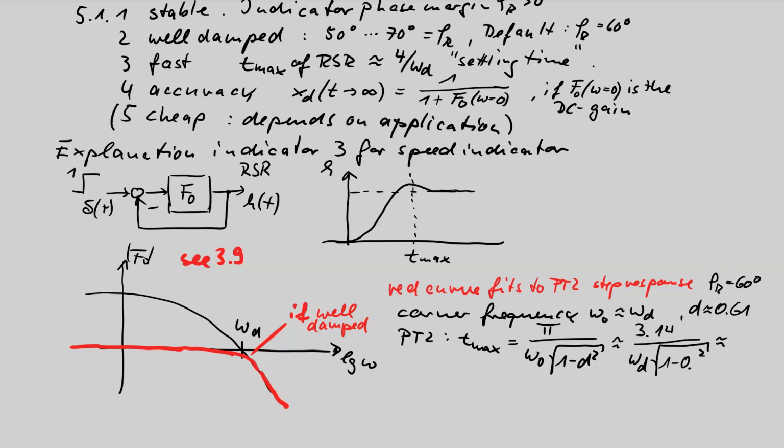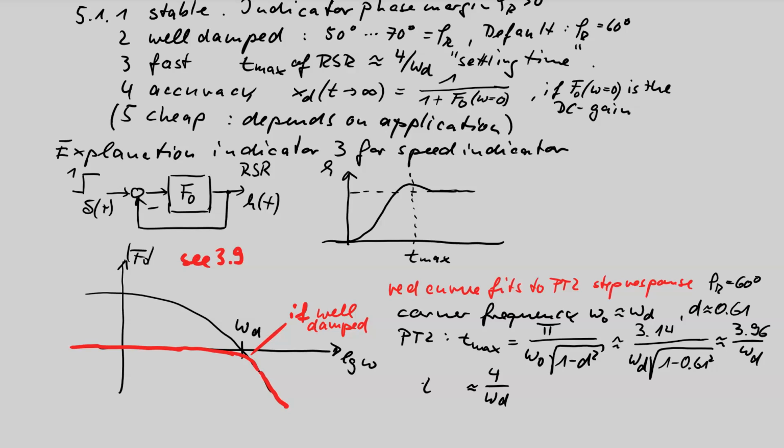And if we add this into my square root function, 0.61 squared, then we get 3.96 divided by omega d. And of course, because this is just our rounding, we can say this is 4 divided by omega d.